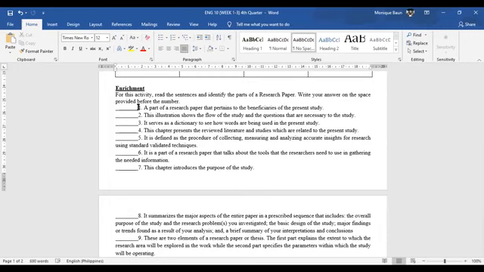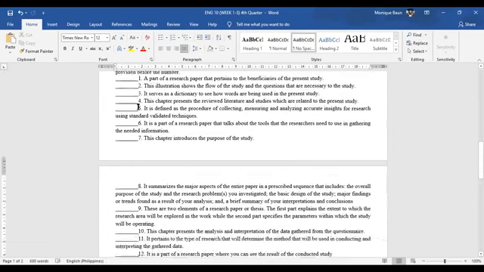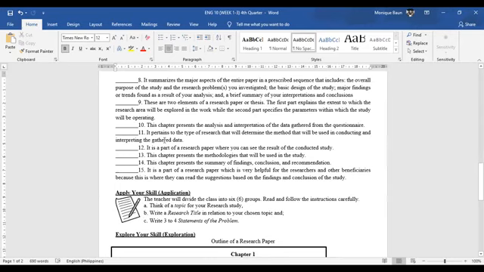What part of a research paper talks about the beneficiaries of the study? You may write your answer, then 2, 3, 4, up to 15.